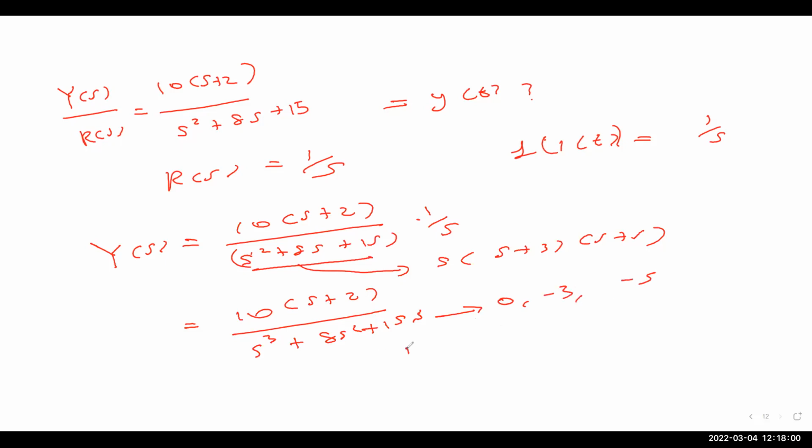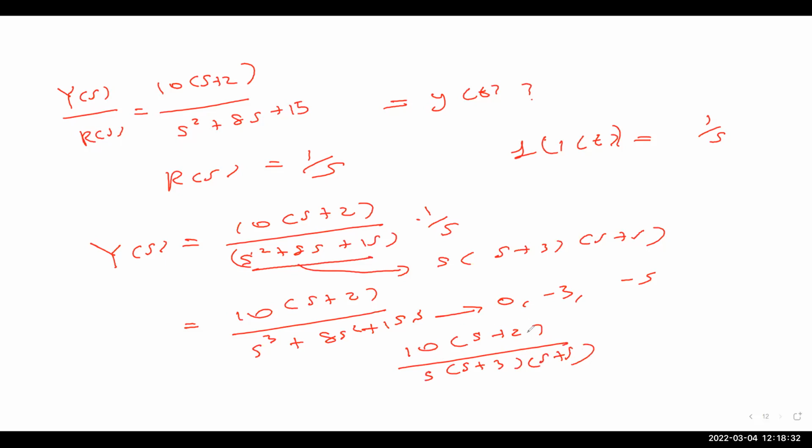So you can write 10s plus 2 divided by s, s plus 3, s plus 5.